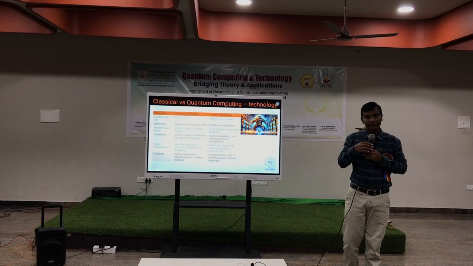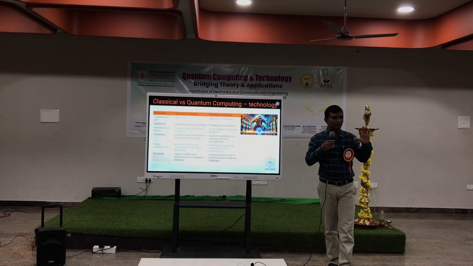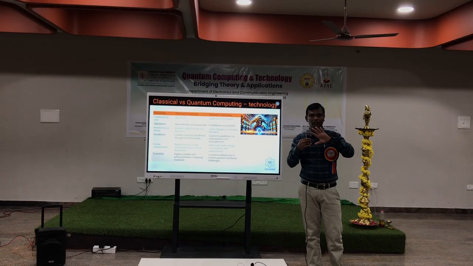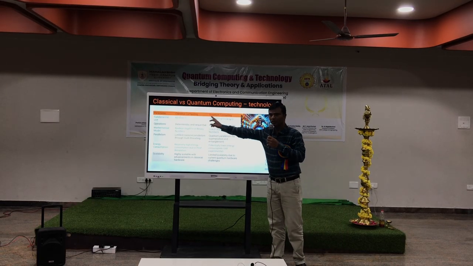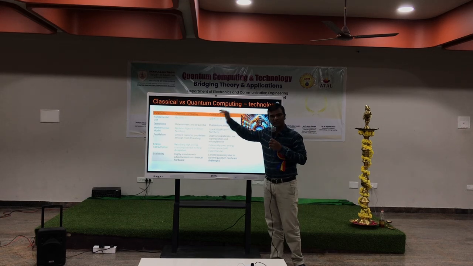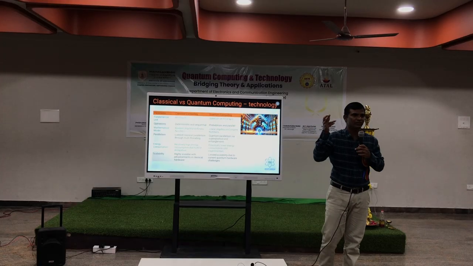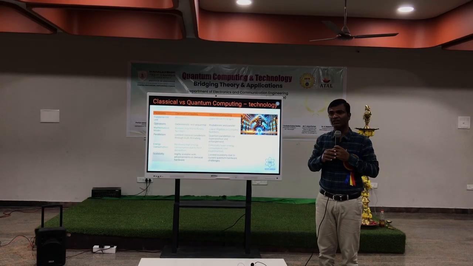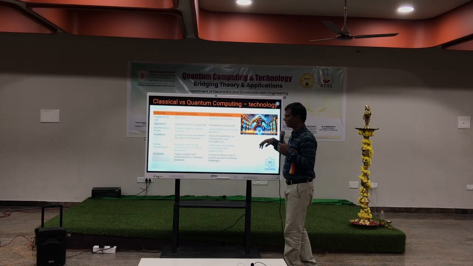It can even process all records at a time. In order to process all records at a time, your architecture should change. That means your number of qubits will change, and as the number of qubits changes, the size of the gates will keep on changing. We will see that later.